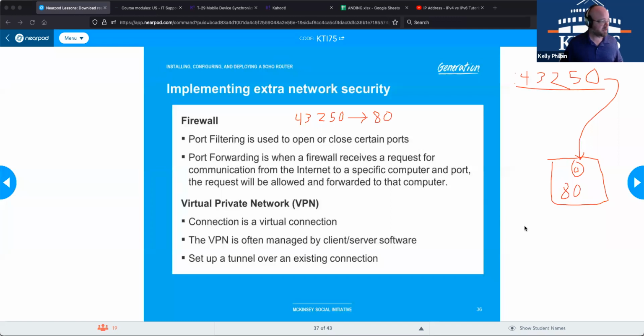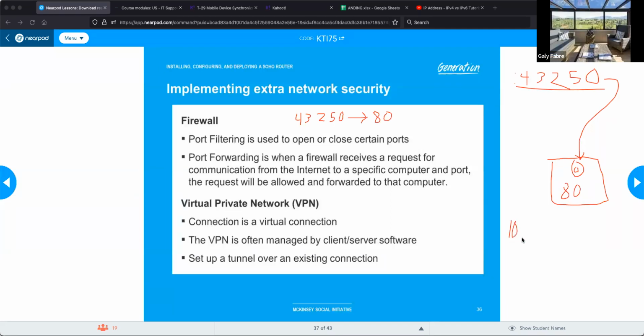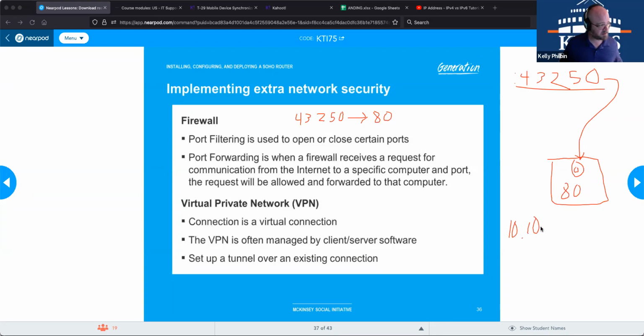So when I hit the IP to my house, which could be 10.10.5.1, and then the colon, 43,250. So I type in my home web address, and then as soon as my router sees that 43,250, it forwards it to that camera that I have designated and on the correct port that it needs to communicate on.